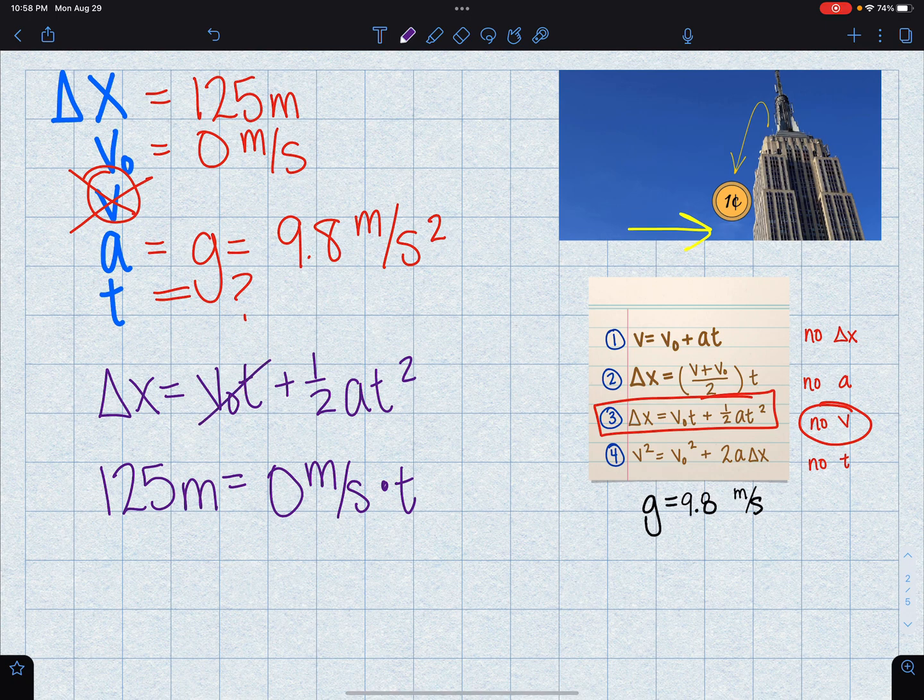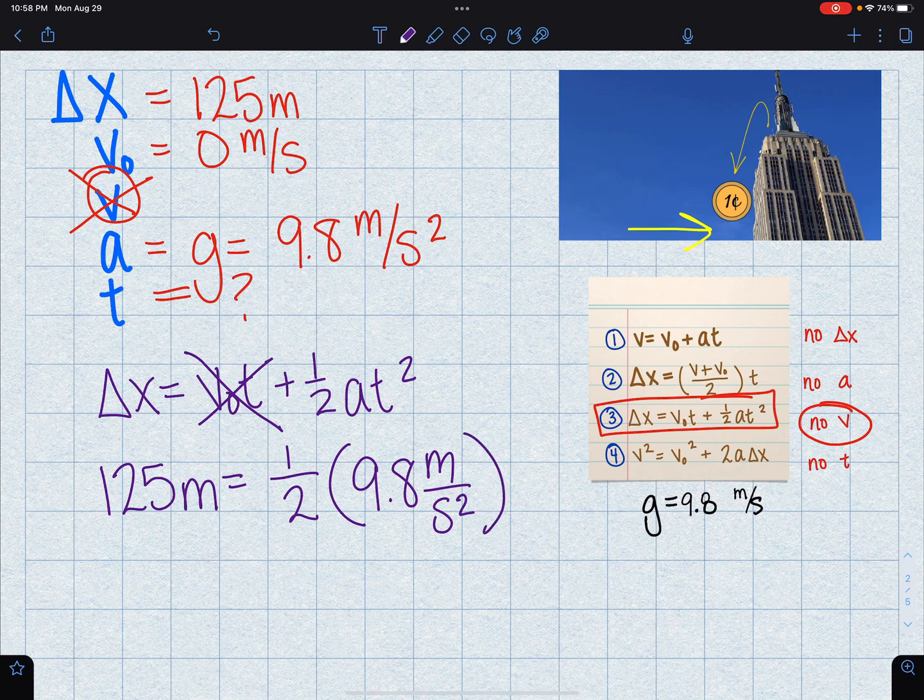That whole term is going to cancel out, so I'm just going to get rid of it because it just turned to 0. And 0 plus this other stuff is just going to leave that other stuff. So I'm just going to put 1/2 a, which is 9.8 meters per second squared, and t².